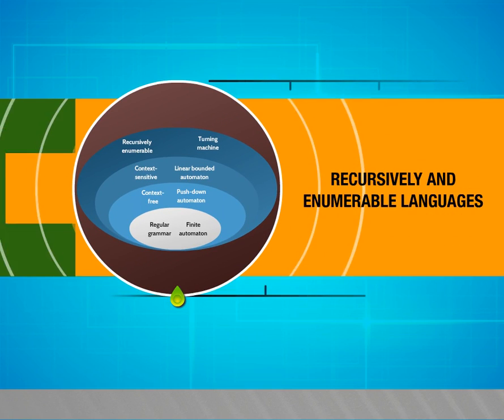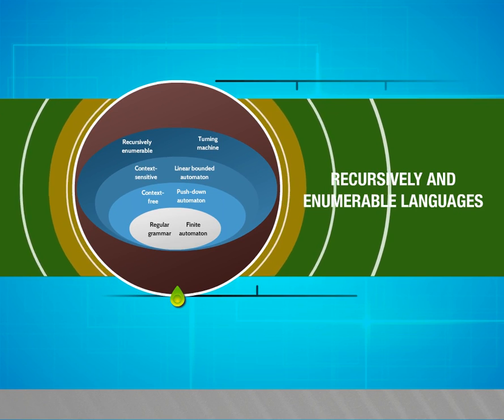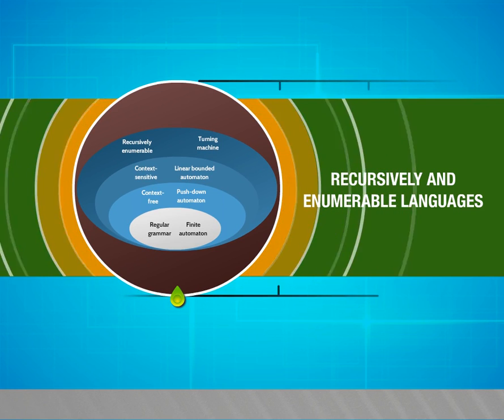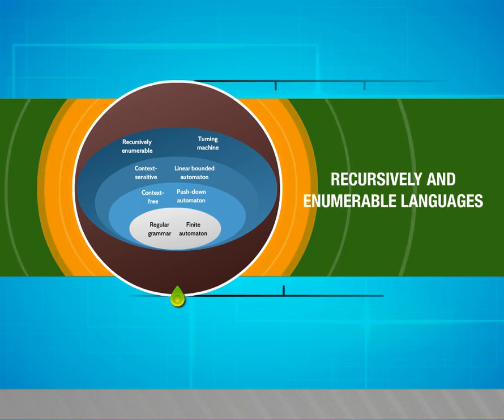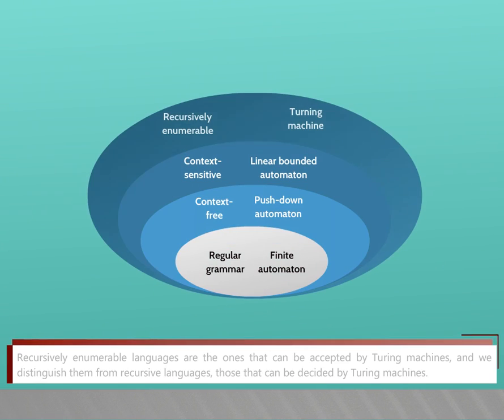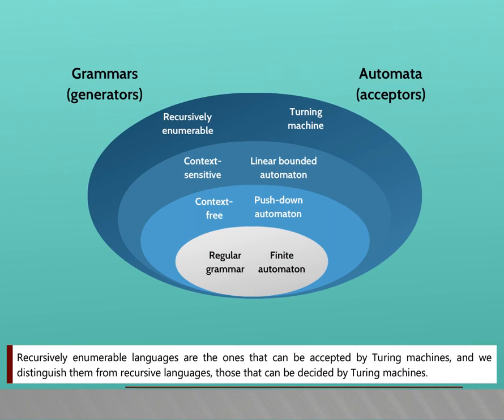Recursively enumerable languages. In this video, we are going to see about recursively enumerable languages. Recursively enumerable languages are the ones that can be accepted by Turing machines, and we distinguish them from recursive languages, those that can be decided by Turing machines.